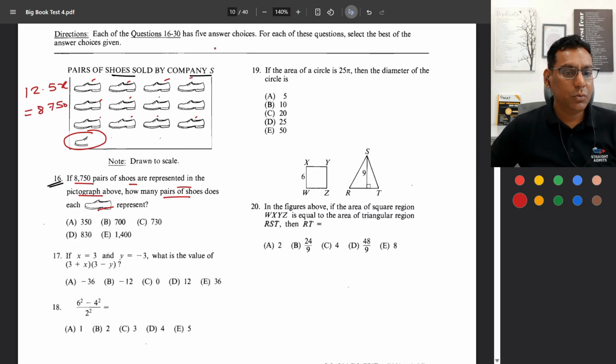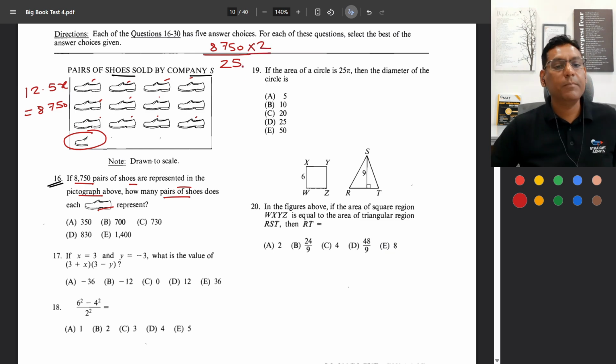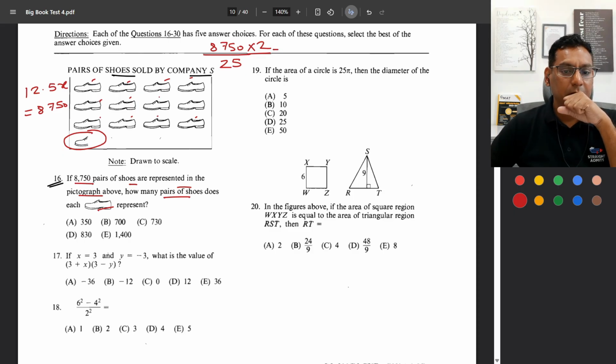So I'll have to do 8750 divided by 12.5. So 12.5 is 25 by 2. So I write it as 25 by 2. That 2 from the denominator comes to the numerator, right? So that is basically going to be 350 into 2, which is equal to 700.